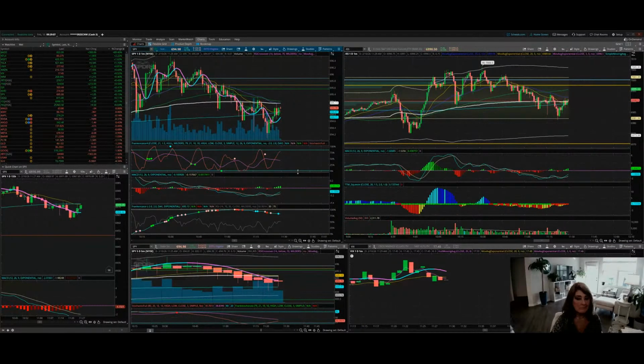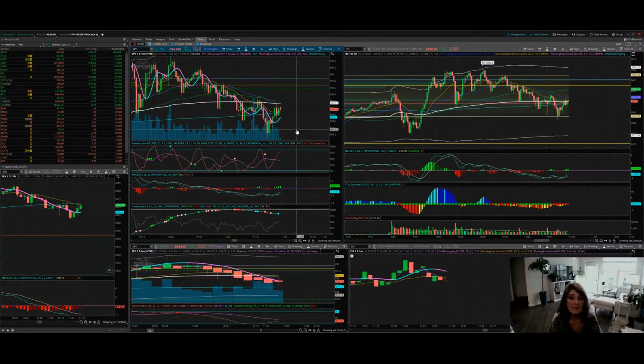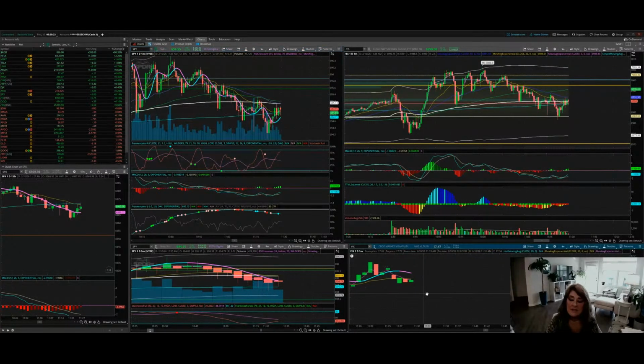But I mean, that doesn't have to happen. Anything can happen. So I'm just watching. Okay. Back to the 200 right here. It's trying to hold the 200. The VIX is up a little bit, but mostly pretty close to flat on the day, up just 0.6%, just a little bit elevated.